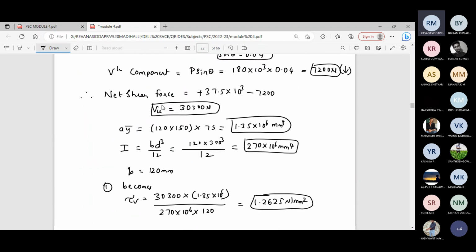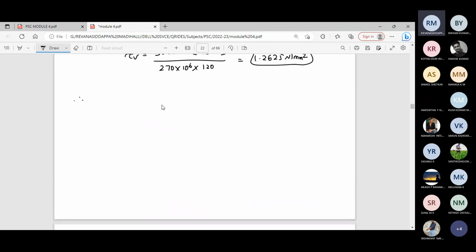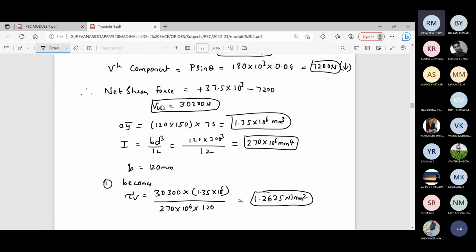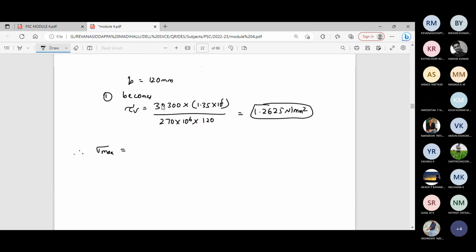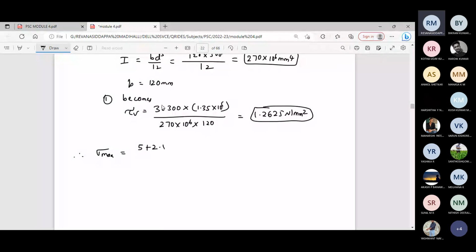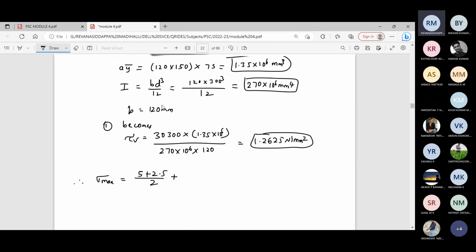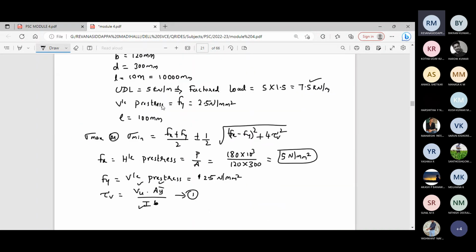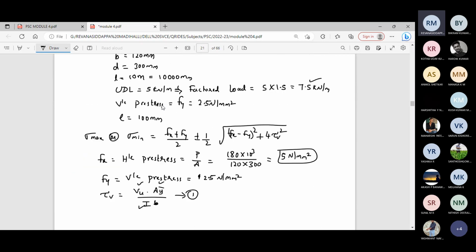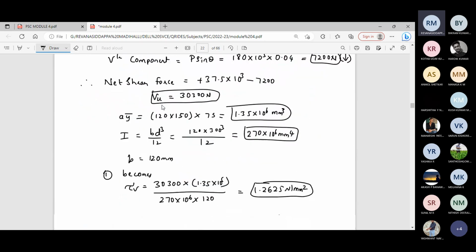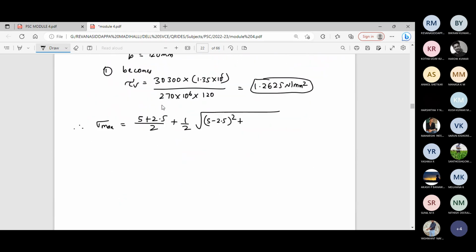Therefore, sigma max is equal to Fx plus Fy by 2, that is 5 plus 2.5 whole divided by 2, plus half into root of Fx minus Fy whole square, that is 5 minus 2.5 whole square, plus 4 tau v square, 4 into 1.2625 square.